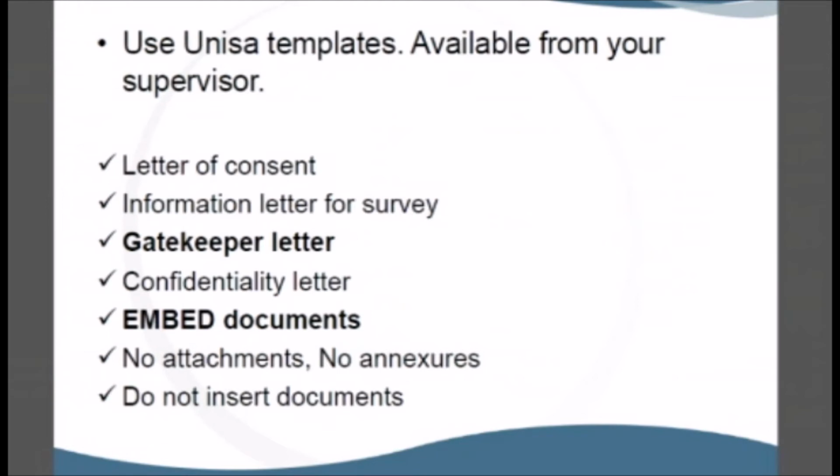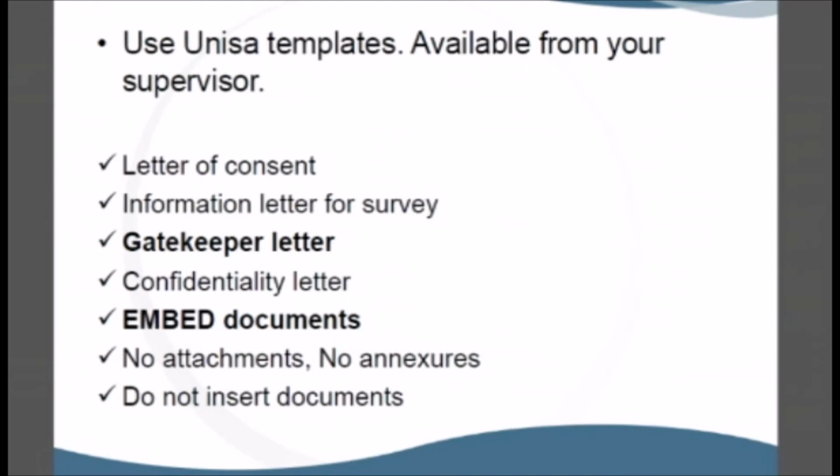Confidentiality letter, that indicates that you are going to treat their information with confidentiality, sorry for that, and then also that you are not going to expose them. So that is also for anonymity as well.